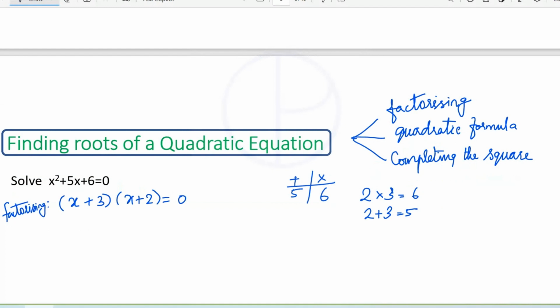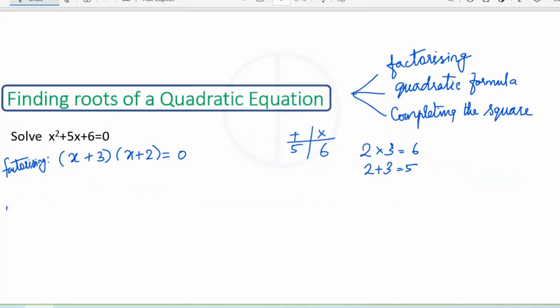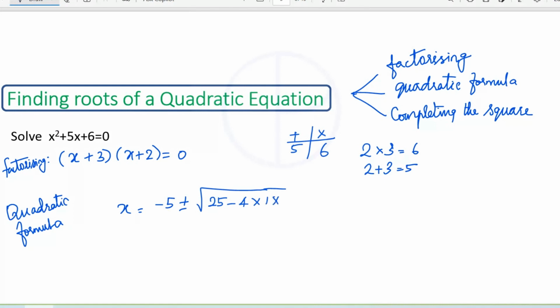Next, by using quadratic formula. x equal to minus b, that is minus 5, plus or minus square root of b square, which is 25, minus 4 multiplied by a is 1 and c is 6, divided by 2a, so 2 multiplied by 1.